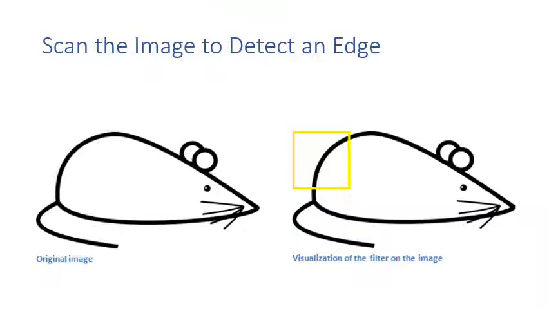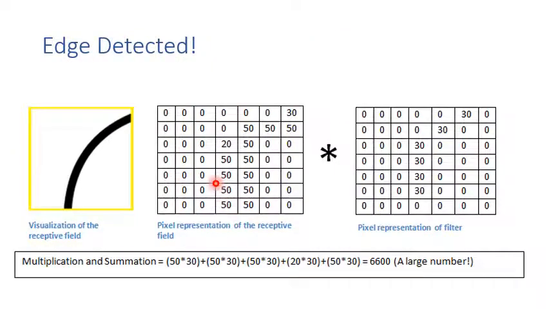Now suppose we want to apply the curve filter to an image of a mouse. We start at the bottom of the image and apply the curve filter. The pixels of the bottom of the mouse are shown here. Let's apply the curve filter and calculate the response. Let's apply the pixel-wise multiplication. So ignore the zeros. The first value is 50 times 30.